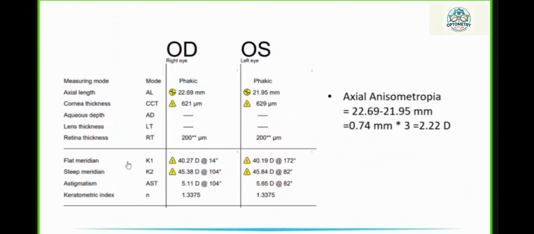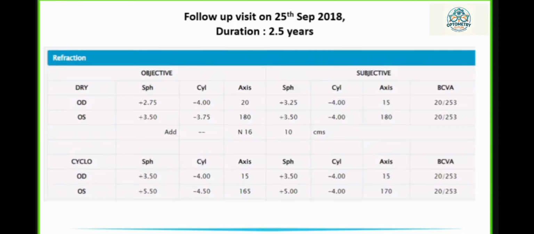Similarly, if you look at the K values, you are seeing astigmatism at 14 degree, 5 diopter. Similarly, in the left eye, 5.65 diopter at 172. So it validates that corneal astigmatism exists, and it corresponds to your observation in your dry and cycloplegic refraction values, and that the difference observed is a true difference.